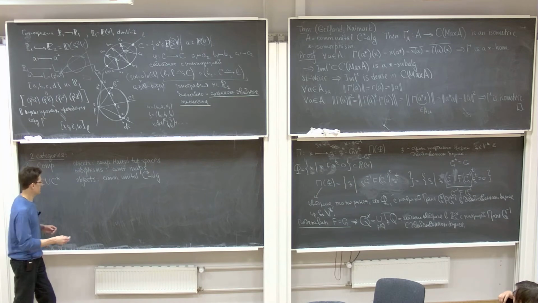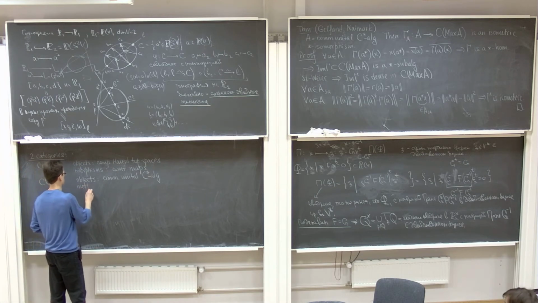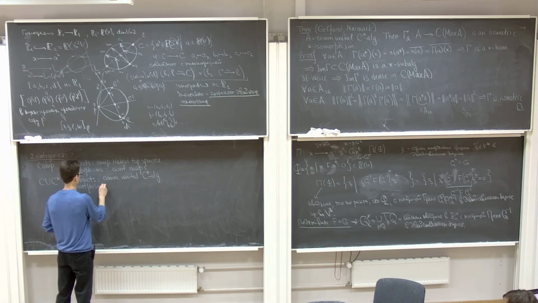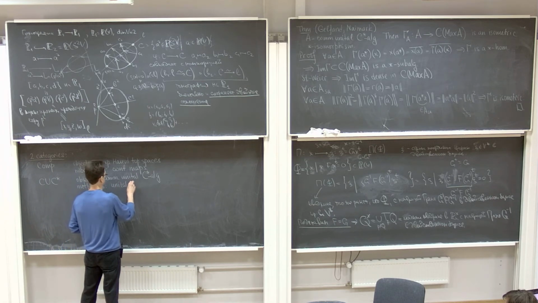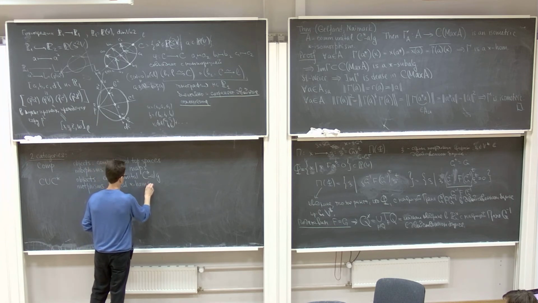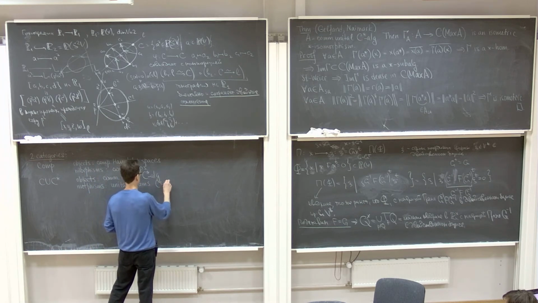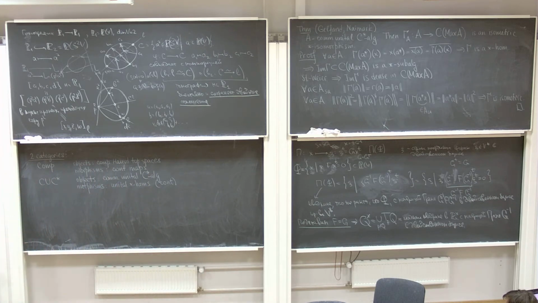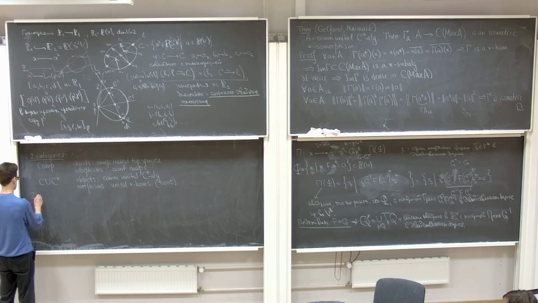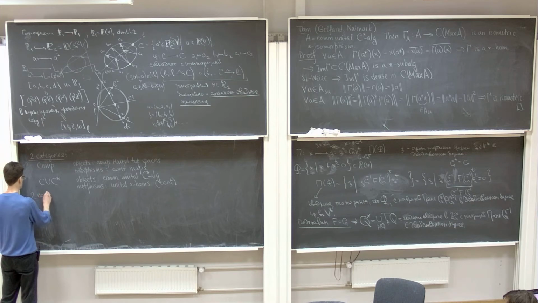And the morphisms are unital star homomorphisms, which are always continuous, which was proved some time ago: each star homomorphism from a Banach star algebra to a C-star algebra is continuous. Okay, so these are our categories, and let's now consider two contravariant functors.